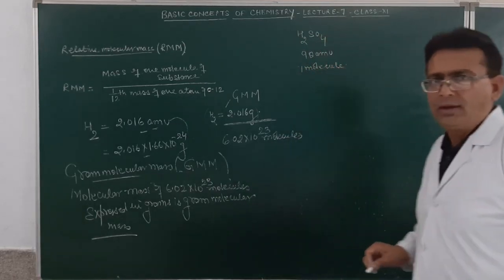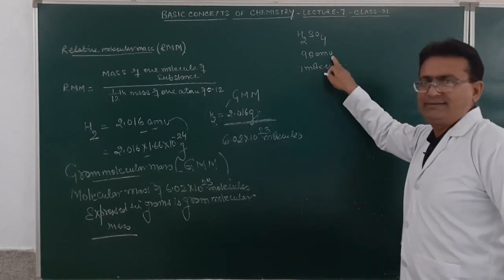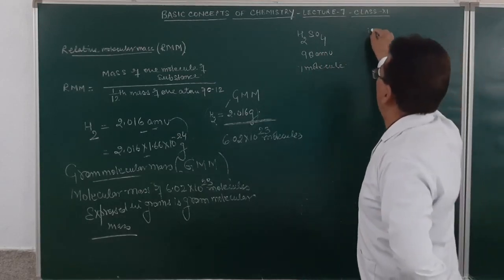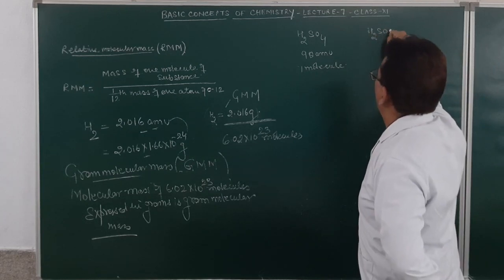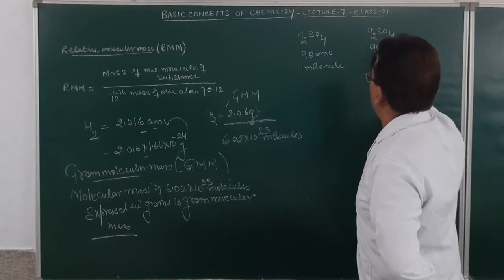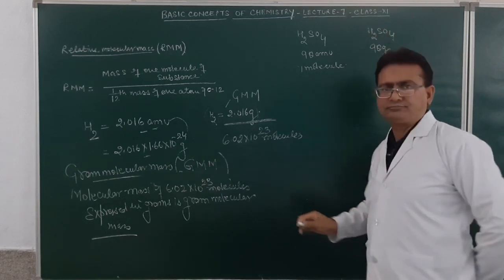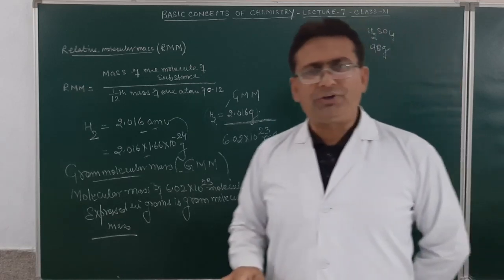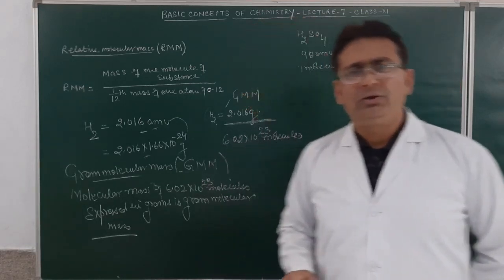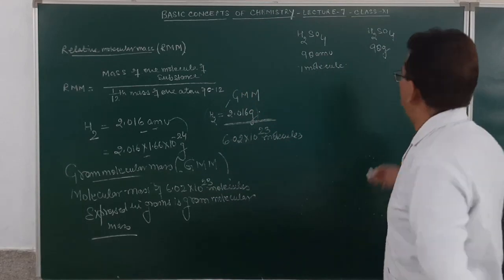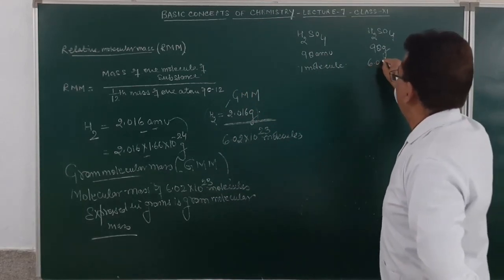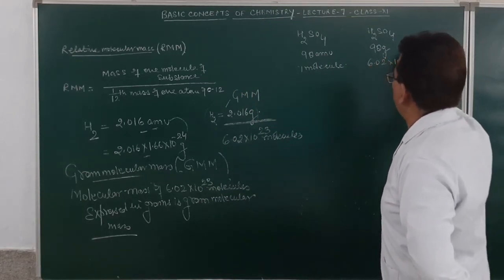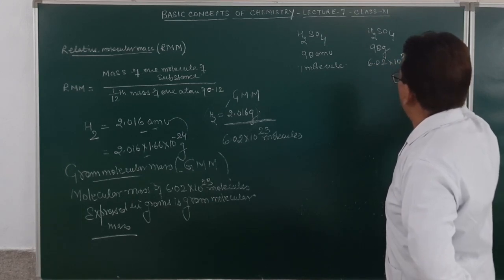Am I clear? It is the molecular mass. If I write H2SO4 mass as 98 gram, it is the mass of how many molecules of sulfuric acid? 6.02 into 10 raised to power 23. So it will be the mass of 6.02 into 10 raised to power 23 molecules.